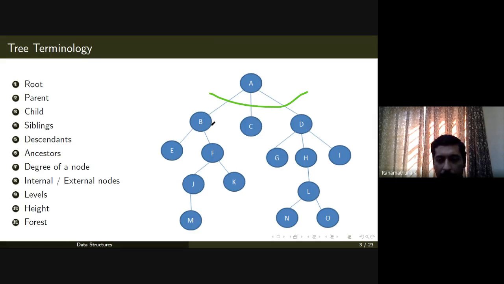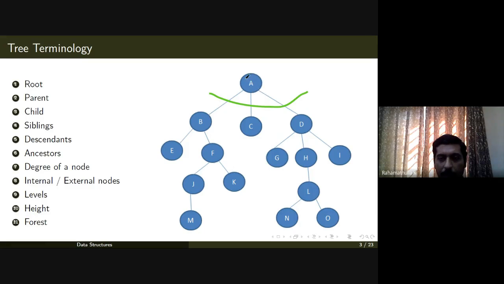In the same way, if you remove this vertex, then you will get a subtree E, then another tree which is rooted at F: F, J, K, and M. So it's some sort of a recursive definition. A tree is built from another set of subtrees.